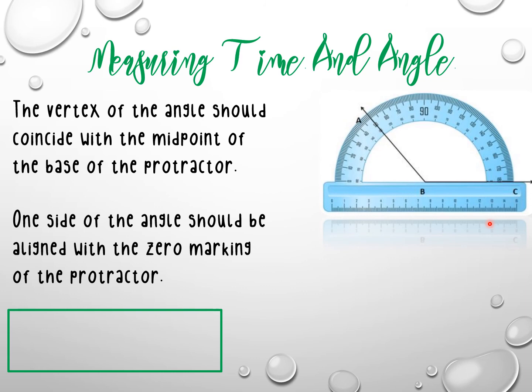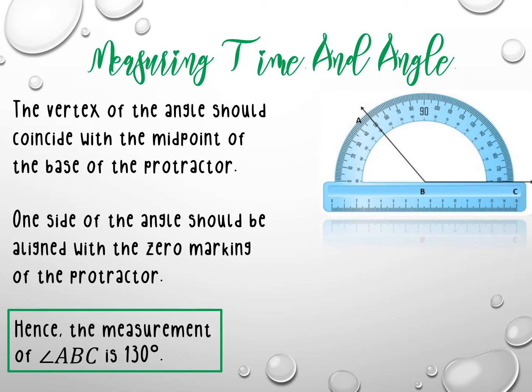One side of the angle should be aligned with the zero marking of the protractor. Okay. So, makikita nyo dito, na dito sa kaliwa yung buka ng angle. So what do you think is the measure of the angle here? The measure here is 130 degrees. Very good.